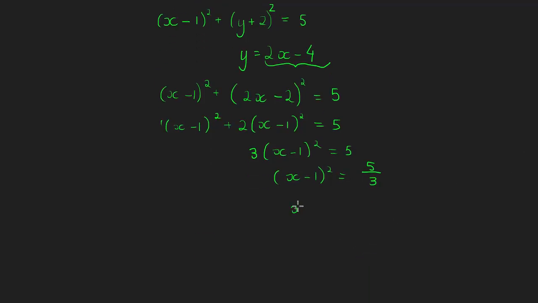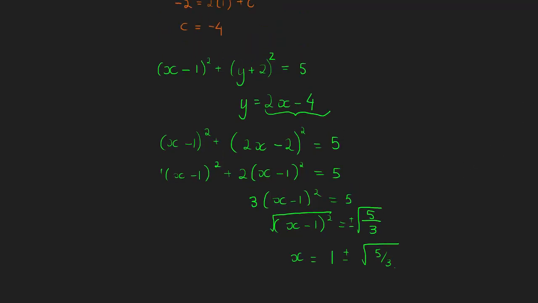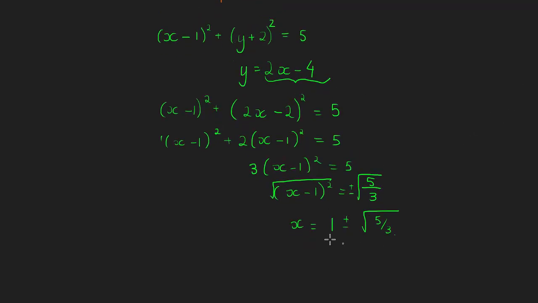And this then becomes x minus 1 is equal to plus minus the square root of 5 over 3. I'm taking the square root of both sides, and then I add 1 on both sides to get rid of that minus 1, so I've got x is equal to 1 plus minus the square root of 5 over 3. Good.